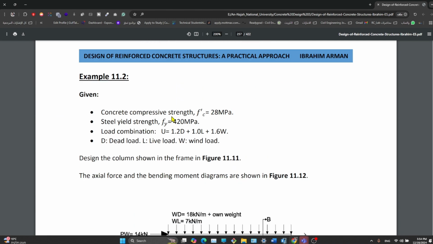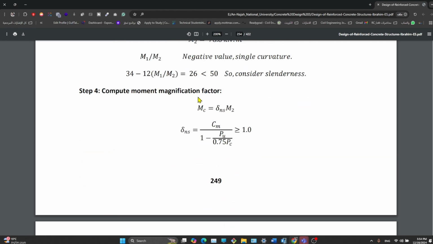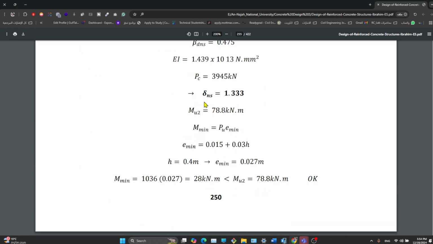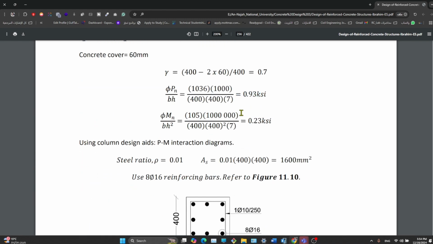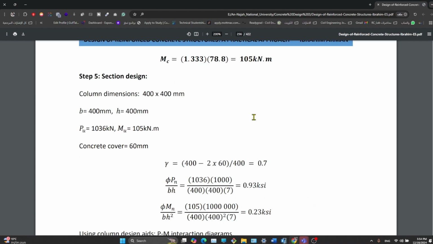So let's go back to the interaction diagram. Before we go, you need just to memorize these numbers, 0.93 and 0.23.